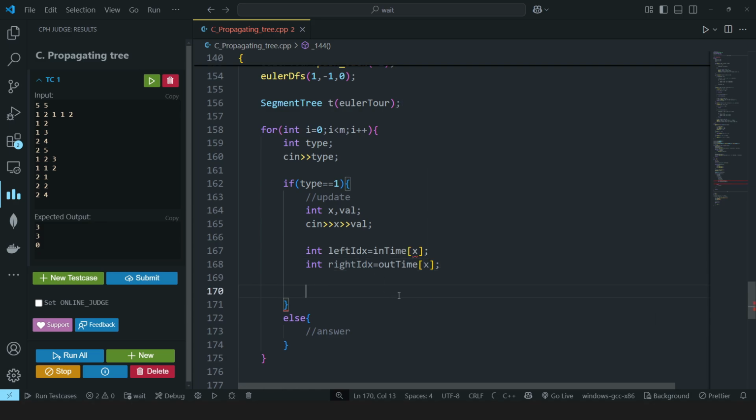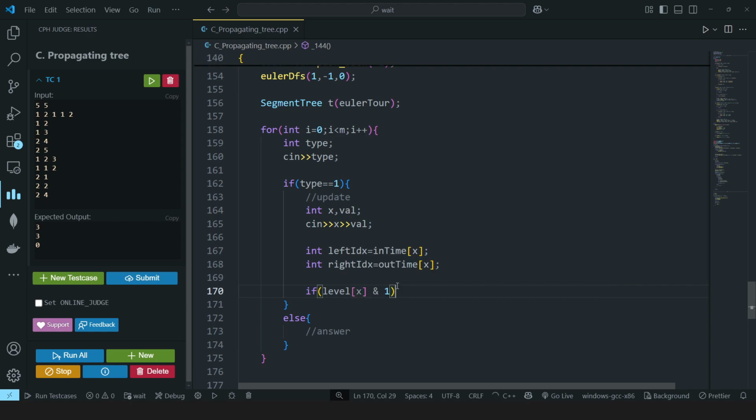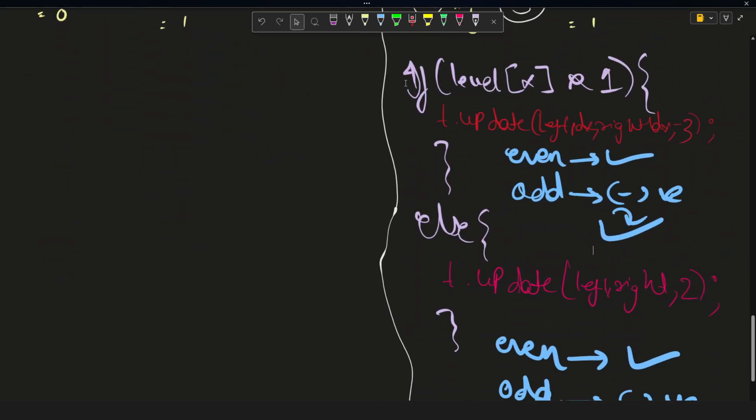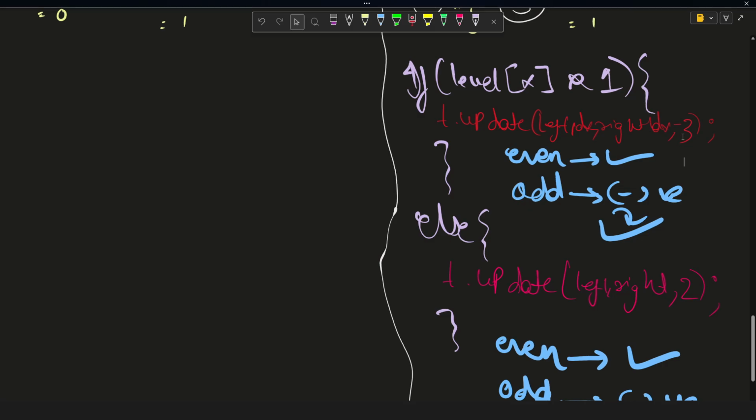Once I have found the left index and the right index in the Euler tour array, I told you to check if the level of this xth node is odd or even. If this is odd, then I have to update the range by the negative of val.